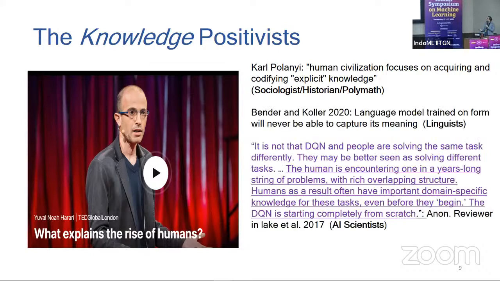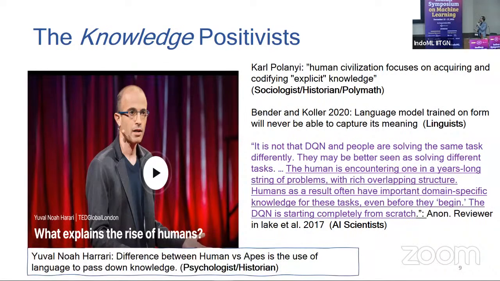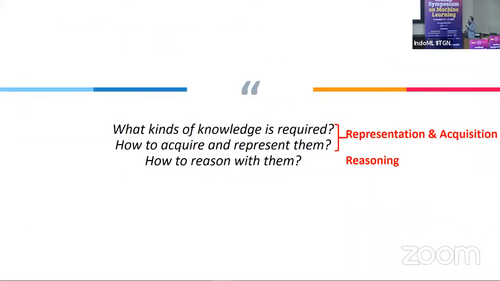And of course, you see from Polanyi, Bender, Collar, linguists, AI scientists who know this gap exists, right? We learn through experiences, through generations, and through knowledge and reasoning with knowledge. So what are the research questions that come out of these, right?